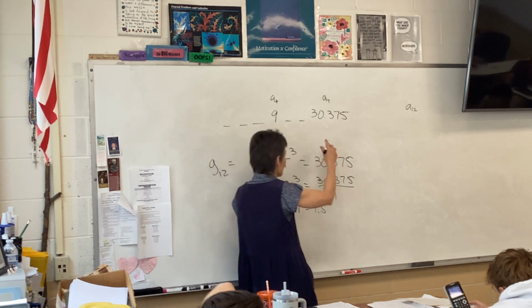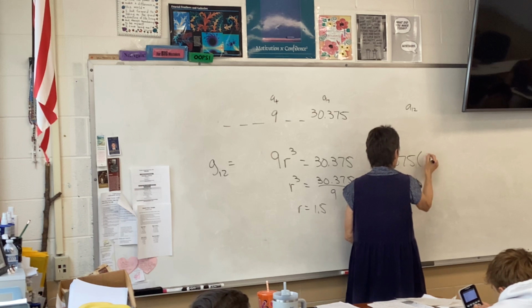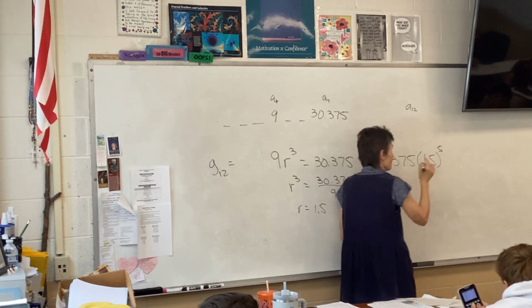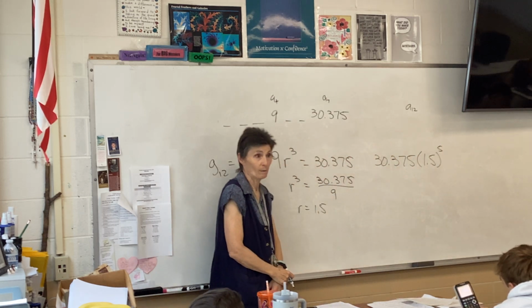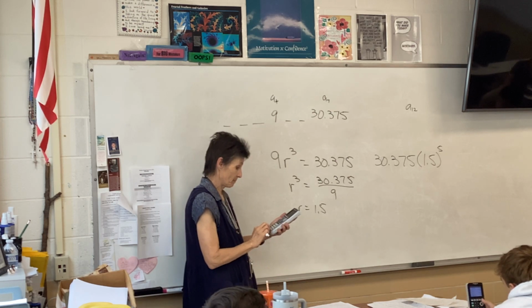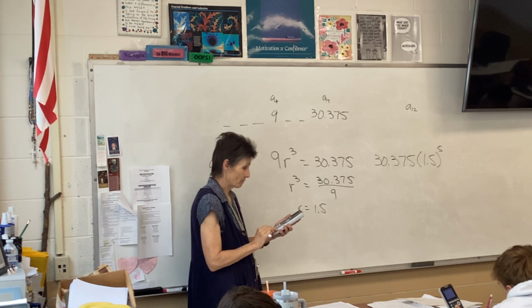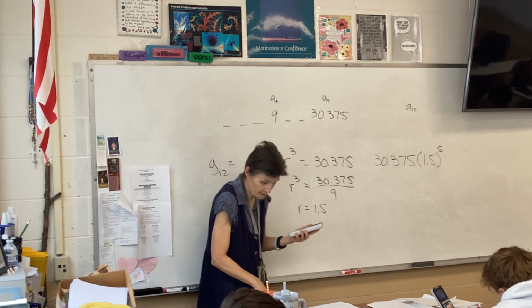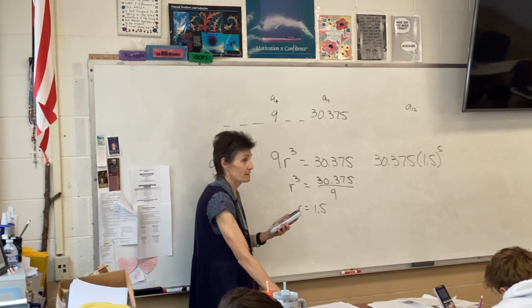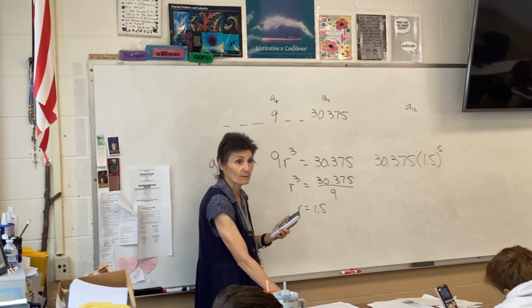So if we take 30.375 and multiply it 5 times by 1.5, we should end up where we want to be. That gives 230.660. Looks like D is the answer. Is that okay with everyone?